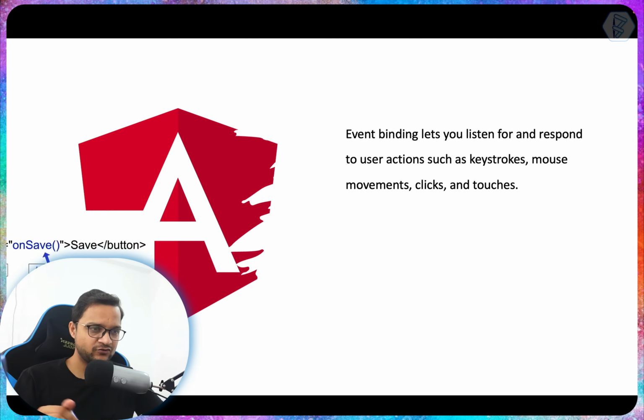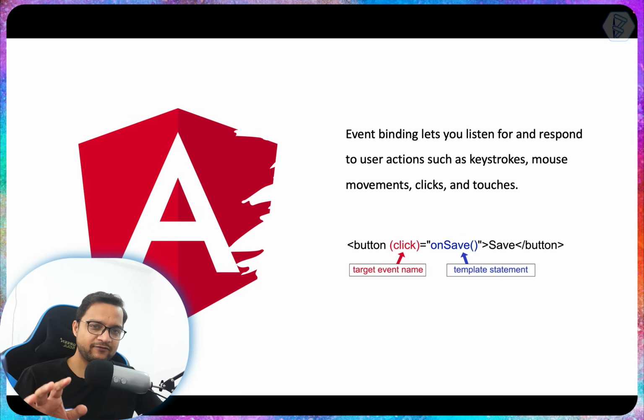So how it looks: if you have a click button, then when you actually do the click, what's going to happen? We call a function called onSave, and it's called a template statement, and click is the target event.